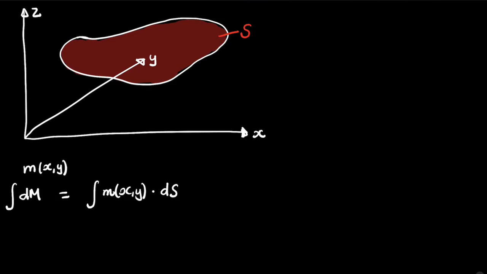That is how to get the total mass if you are given the mass density function and you know the equation of the surface S. Now ds is an area element, so the expression for ds is going to be a little bit more complicated than that for just a line element. It's going to be dependent on the coordinate system that you're in.